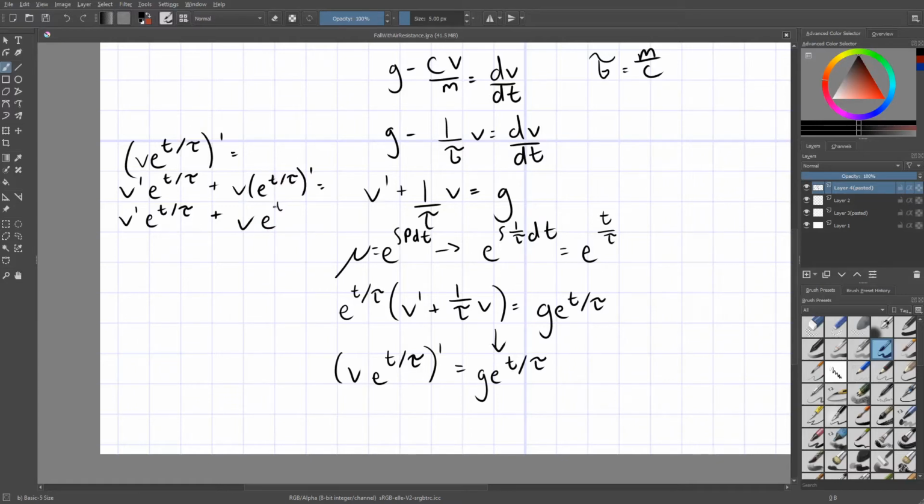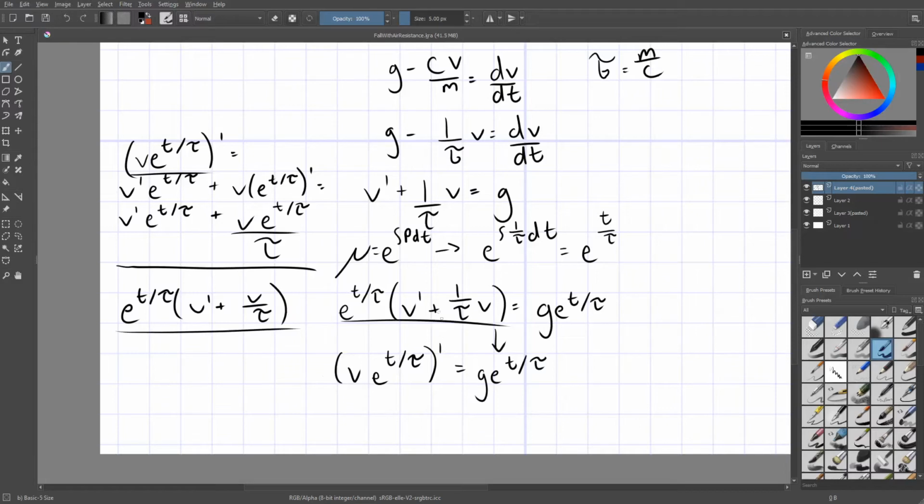So that's e to the t over tau, then times the derivative of that, which is just 1 over tau, so that's over tau. And if we look here, we've shown that this is equal to this statement here. In fact, just to make it super clear, I'll take the e to the t over tau out. Now you can really see that these two statements are exactly equal to each other.